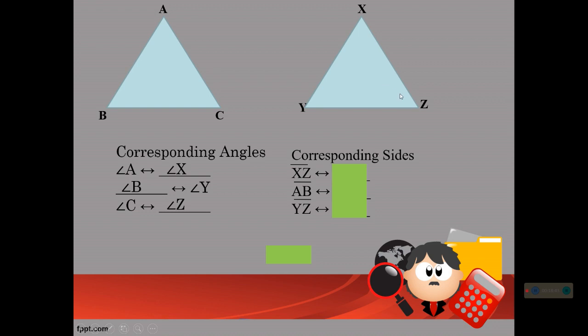Segment XZ corresponds to segment AC. Segment AB corresponds to segment XY. And segment YZ corresponds to segment BC. Thus triangle ABC corresponds to triangle XYZ. Any questions so far?